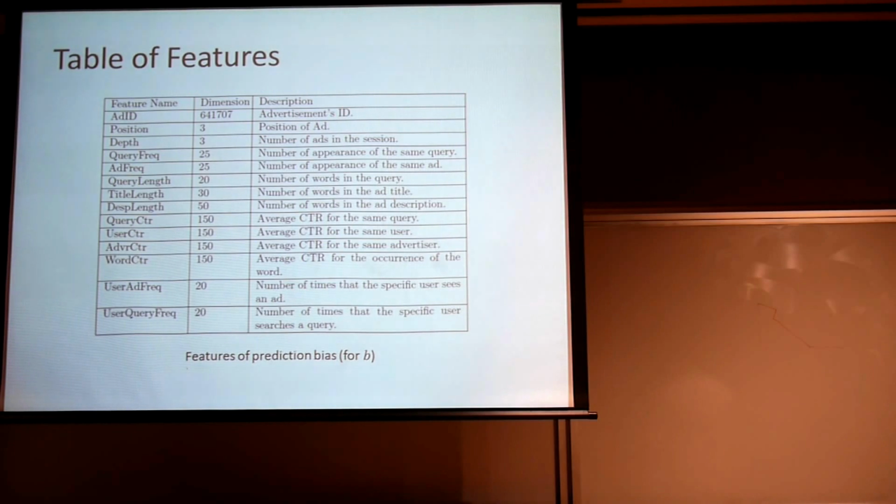We also computed some average CTRs as sub-models with respect to various indicators like the query, the user, the advertiser's identity, and the word tokens. The experiments show that these characteristics give a huge boost to the overall accuracy.